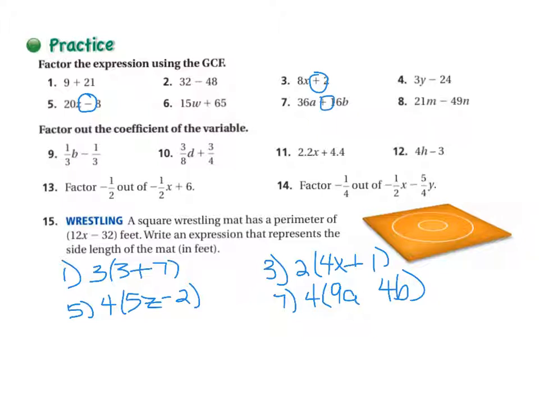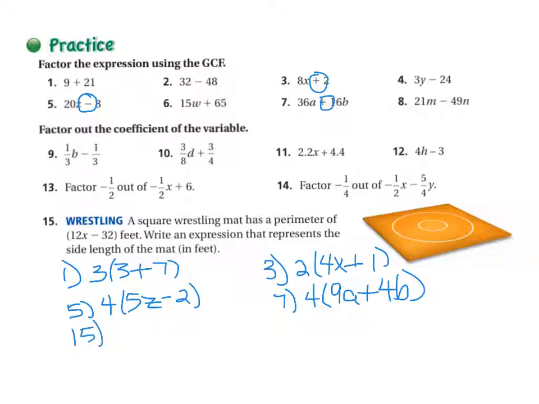There's an addition sign in the middle, so we put that in the middle. We are not going to do this next section yet because we haven't gotten to that in the book yet. But we can move on to number 15.